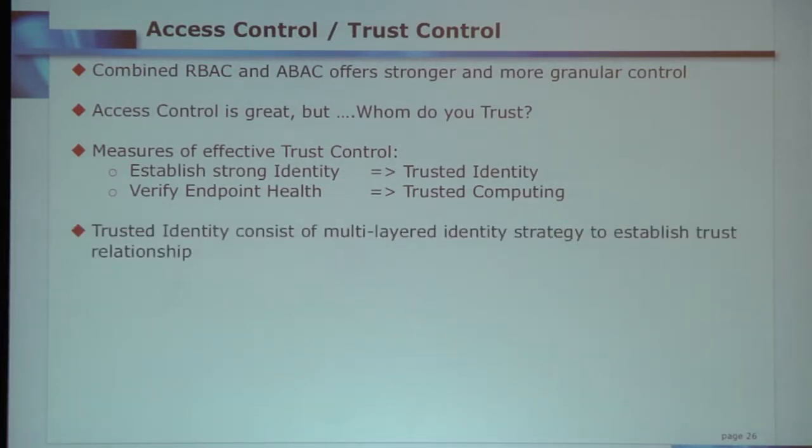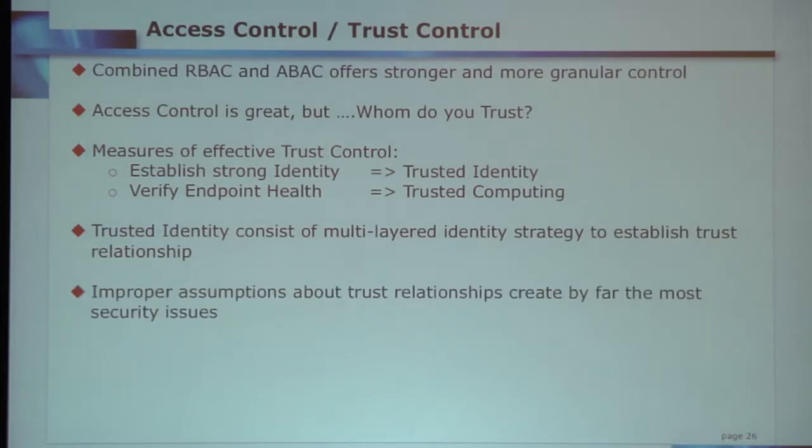So a trusted identity should consist of a multi-layered identity strategy to establish a really strong trust relationship. Keep in mind that improper trust relationships today create by far the most security issues in networks.